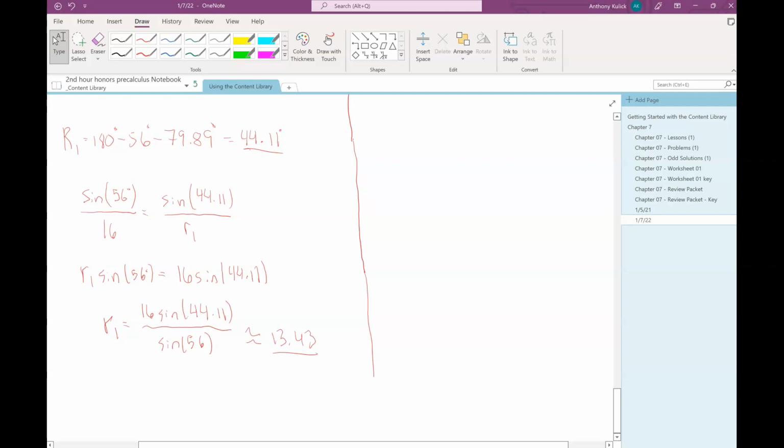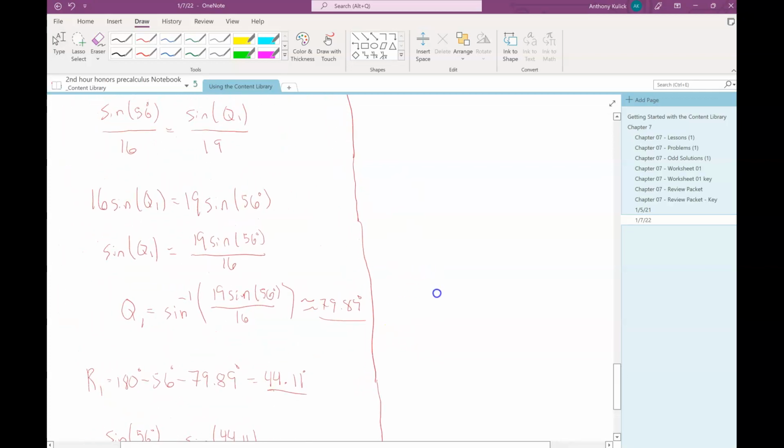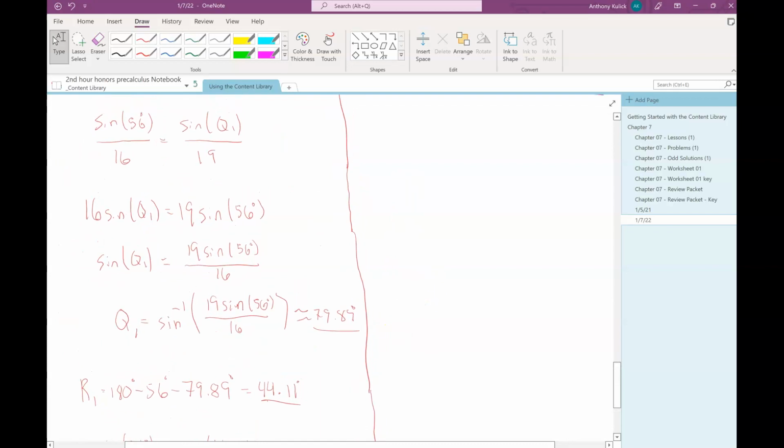Okay. So triangle 2, this is the place where there's significant shortcuts. Q2 is always going to be the supplement for Q1.